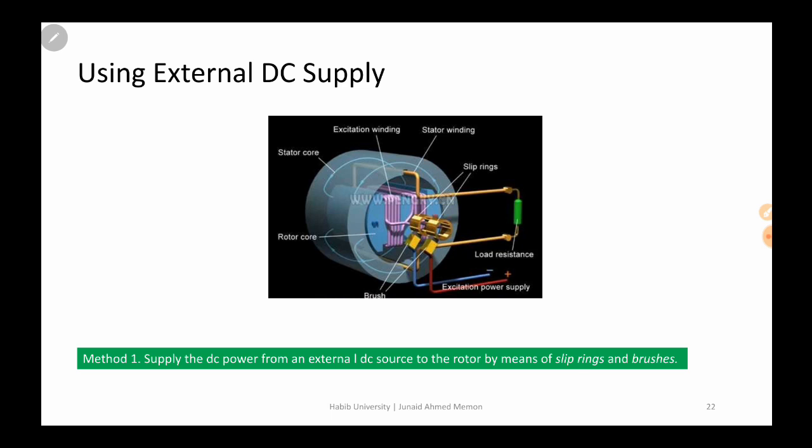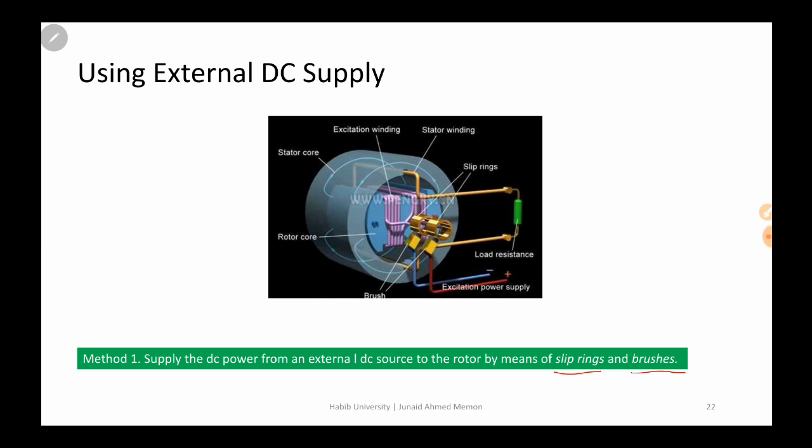You can straight away identify the problem with this: the brushes and the slip rings, which we mentioned in DC generators and DC motors as well. Wherever you have brushes, you are sliding continuously on the slip rings. It means the brushes will wear down with time, and you need to replace those brushes with a certain frequency of maintenance.